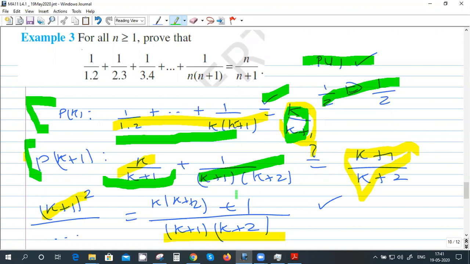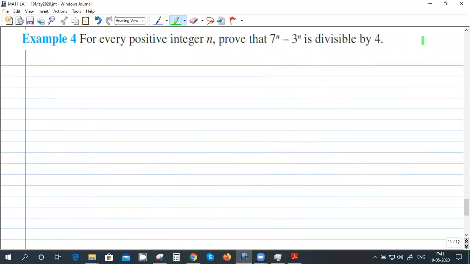Okay. Then you do one thing, you proceed to the next one. Can you just copy this statement? 7 raised to the power minus n, you have to show it's divisible by 4, for any positive integer n. Assume it's true. Check it's true for 1. It's true for 1, right?